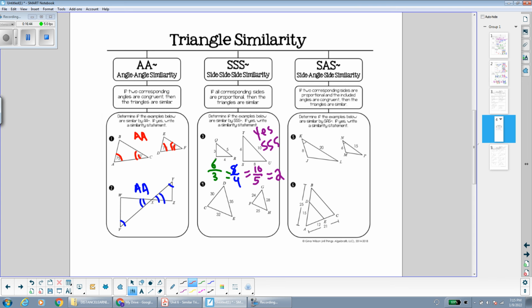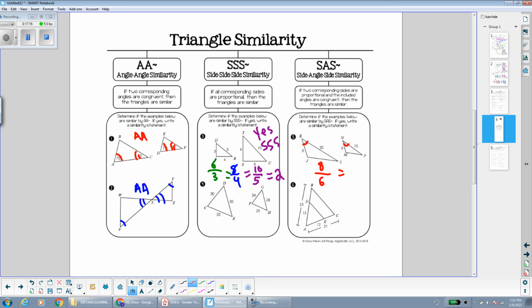SAS, or side-angle-side similarity, means 2 pairs of proportional sides with a corresponding congruent angle in between. So if we take a look over here, we do have a congruent angle in between. We just need to verify that the sides are proportional by the same scale factor. So if I take a side from the big triangle, let's go with 8 first, and its corresponding side would be 6.